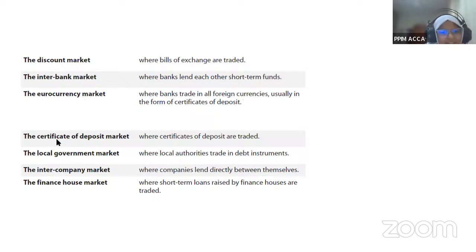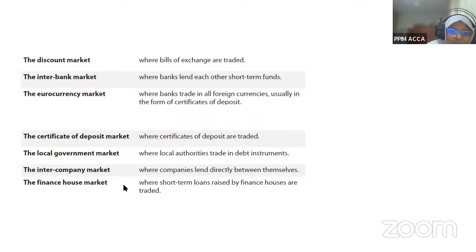Then there is another one called the certificate of deposit market, the local government market, an intercompany market, and a finance house market. So you don't have to know details of all of this. What I want you to understand is simply this. Okay. If you need a short-term source of finance, less than 1 year, then you have to go for the money market. First thing. In the money market, there are different types of instruments.